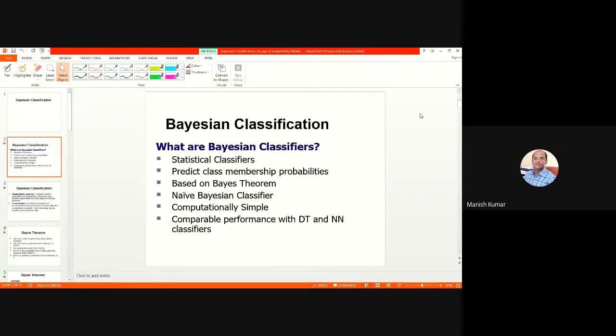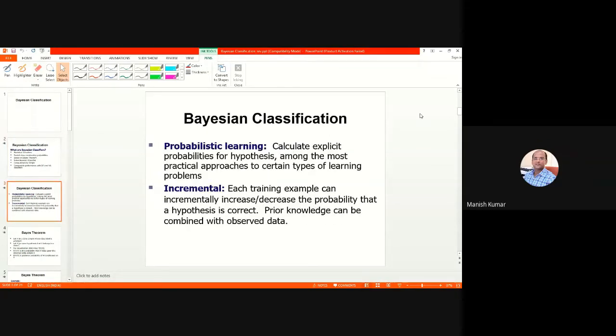We do classification using Bayesian classification with some assumptions, which makes this particular algorithm computationally simple. As far as performance, it is comparable with decision tree and neural network classifiers. There are two very important things. First, this is referred to as probabilistic learning, and second, it is incremental in nature.